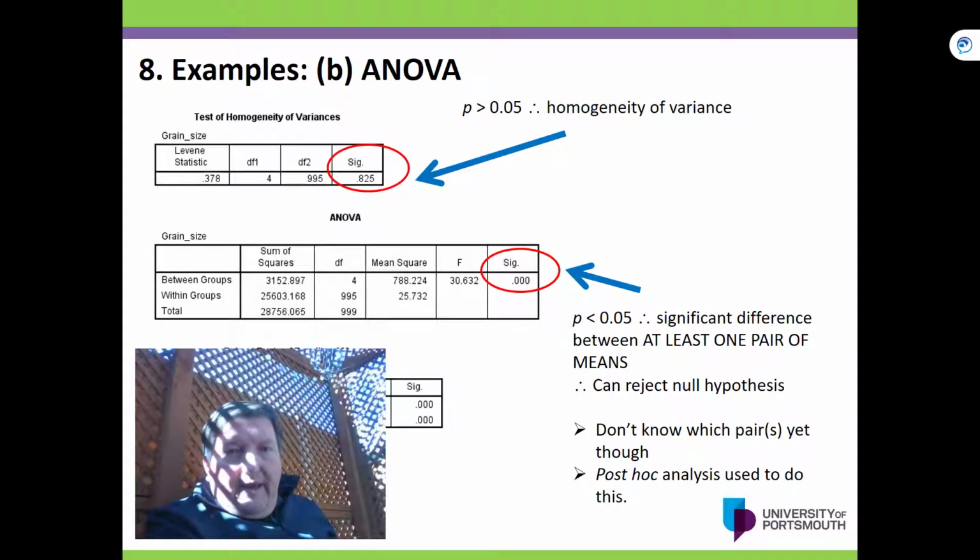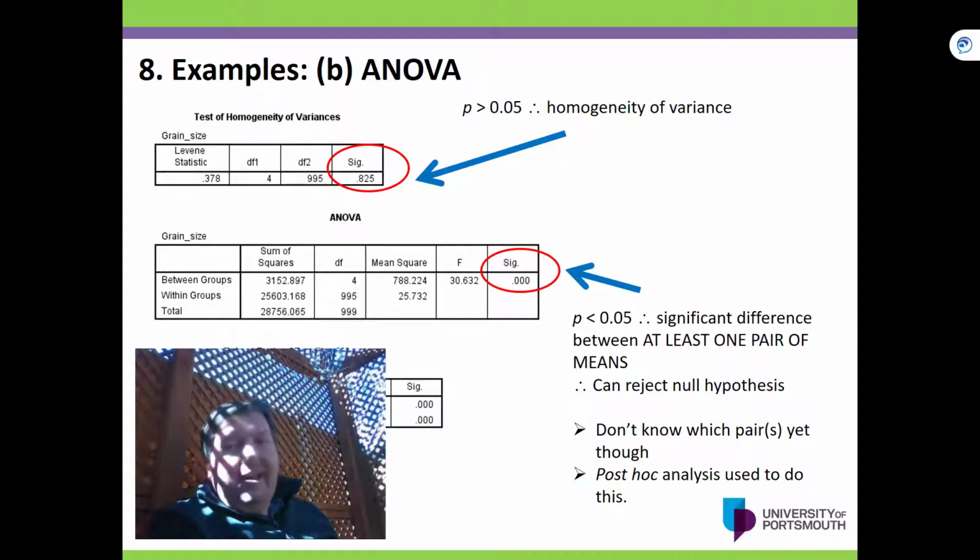Then you do the Levene's test, which tests for homogeneity of variance. So in this case, our p-value comes out at 0.825, which is greater than 0.05. So therefore, there is homogeneity of variance. You're looking for a p-value which is greater than 0.05.